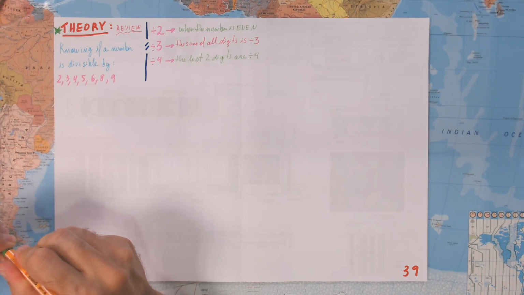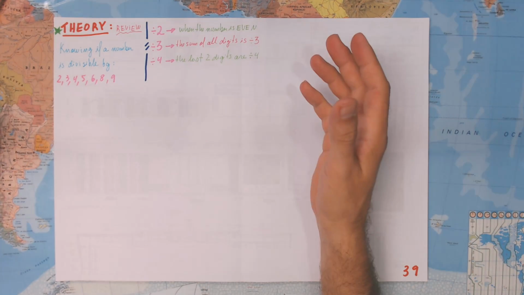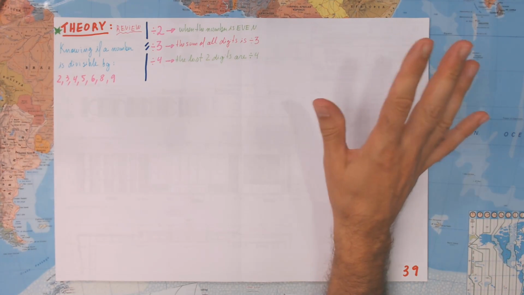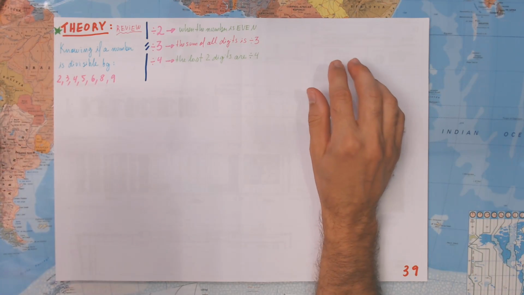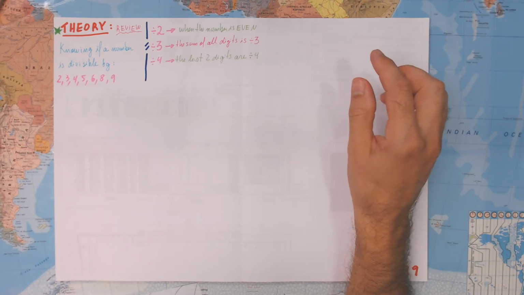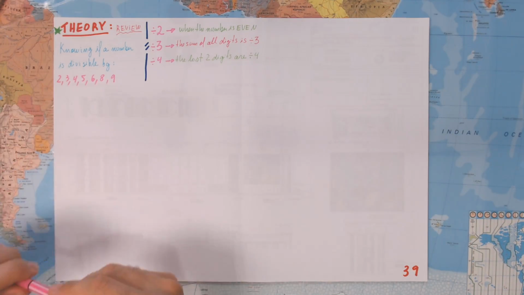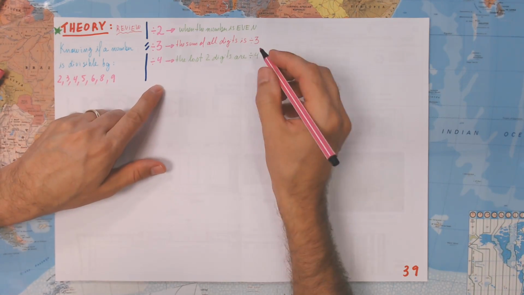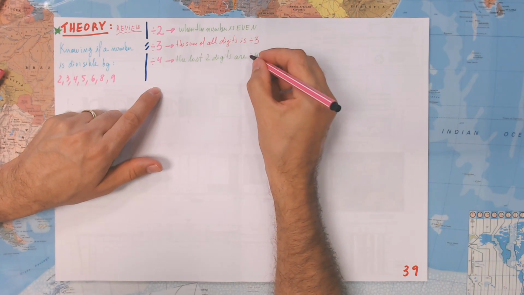Okay, for example, if I just give you the number 380, you know that 80 is divisible by 4, so 380 must also be divisible. For instance, if I give you 23,716, it is divisible by 4. Why? Because 16 is divisible by 4. Only look at the 2 last digits. They must be multiples of 4, or divisible by 4.